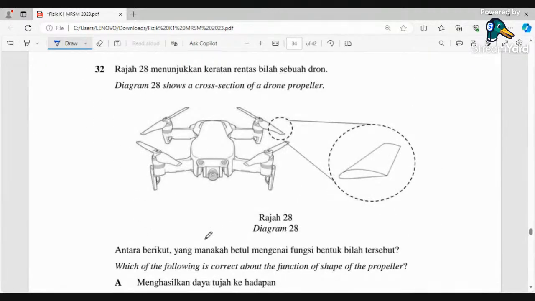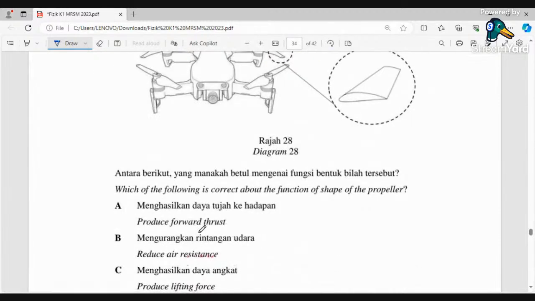Okay, number 32, drawn propeller. Okay, correct about function of shape of propeller.